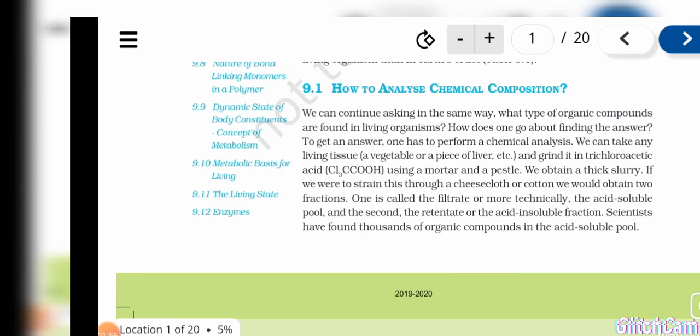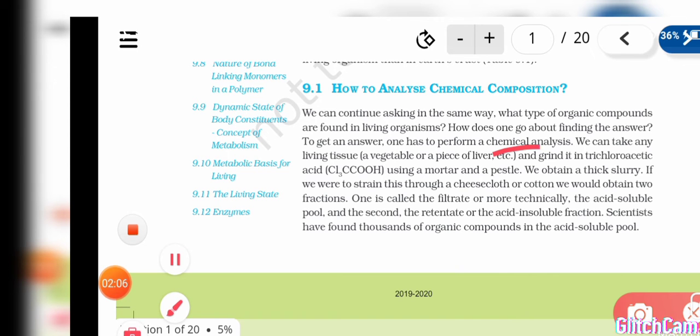How can you know what elements are present in a living organism? For this, we have to do a chemical analysis. How will we prepare it? We have to take living tissues, like vegetable or any animal tissue, and grind it in trichloroacetic acid using a mortar and pestle.